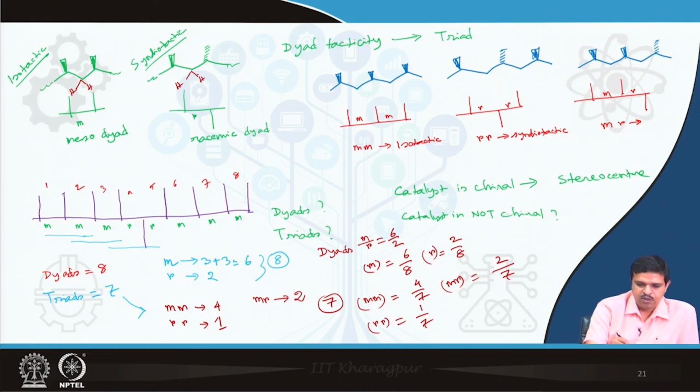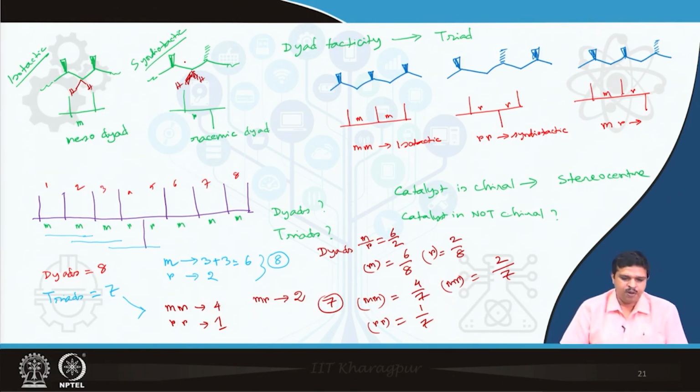As in the last class I discussed, this hydrogen is below, this is methyl, this is below, and here this hydrogen is above and this is above. So, this one will experience different chemical shifts, while we will experience the same chemical shift in proton NMR spectroscopy for the racemic diad, that is the syndiotactic fragment.